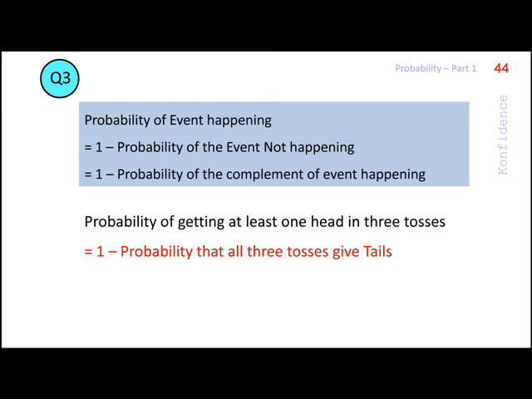For this, all the tosses should give a tail. So, the probability we are looking for can also be found as 1 minus probability that the complement of the event happens. That is, 1 minus probability of getting all 3 outcomes as tails.